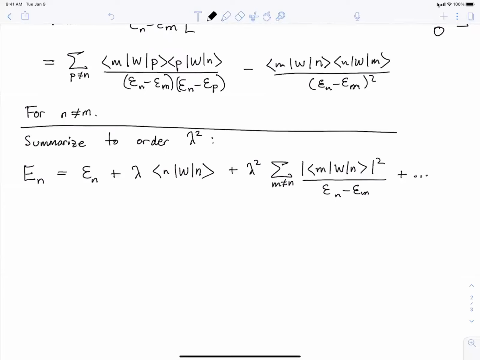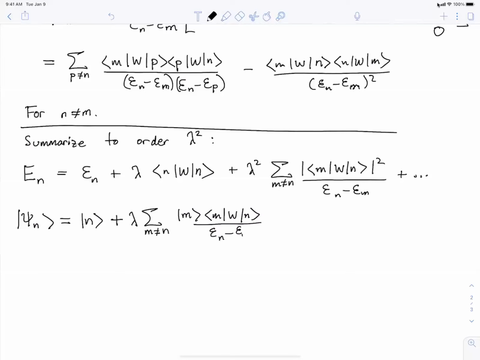Then we have the state ψ_n, which at 0th order is just the unperturbed state. Then there's lambda times the sum over m not equal to n of ⟨m|W|n⟩ over E_n minus E_m.